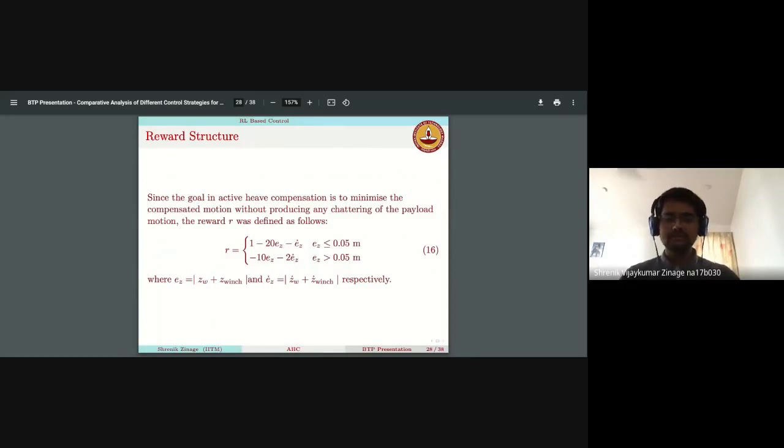If the payload motion is within a limit of just 0.05 meters, then I make sure that it keeps on learning so that I get an R of 1. So the lower the EZ value, the lower would be the EZ dot, and if both are lower, R would be close to 1.